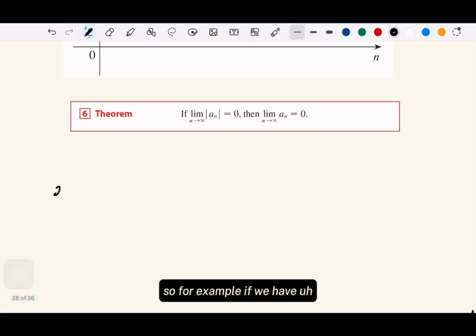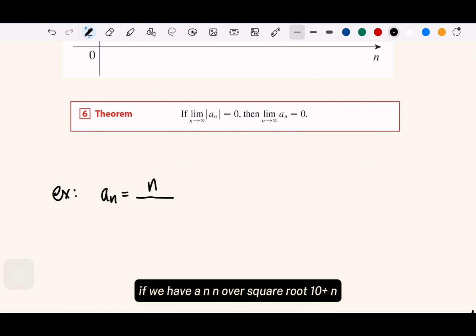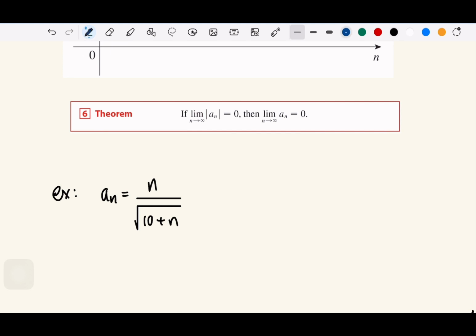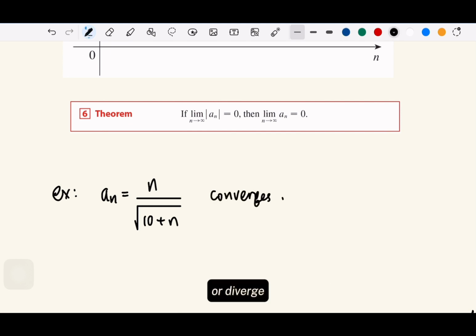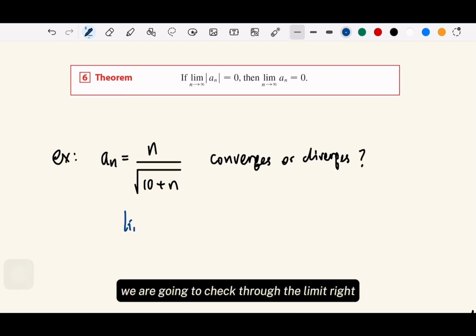So for example, if we have n over the square root of 10 plus n, and we are asking whether it converges or diverges. So basically, we are going to check through the limit, right?